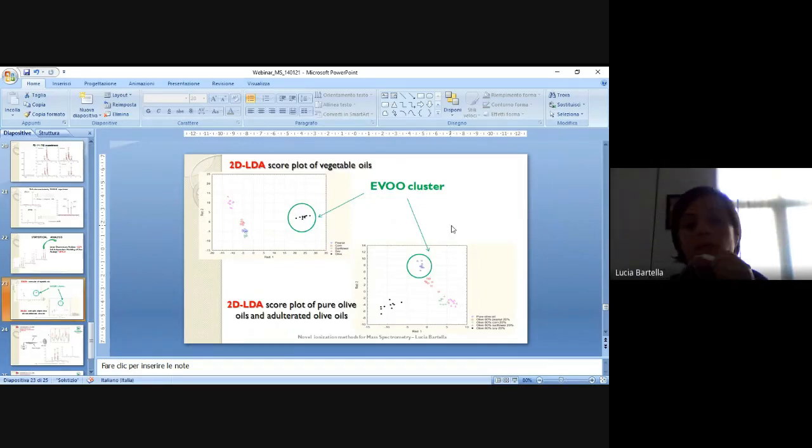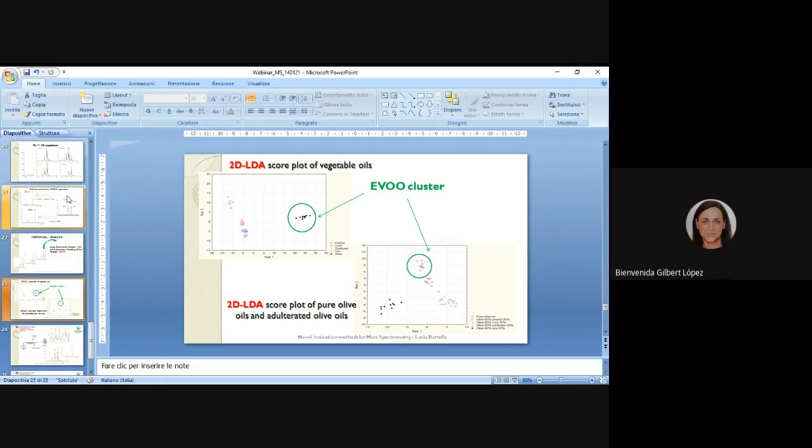Okay, so at the moment we have tried only a mix, 80% of olive oil and 20% of other vegetable oils. But yes, I will try to perform other analyses with different mixtures. These are preliminary results.